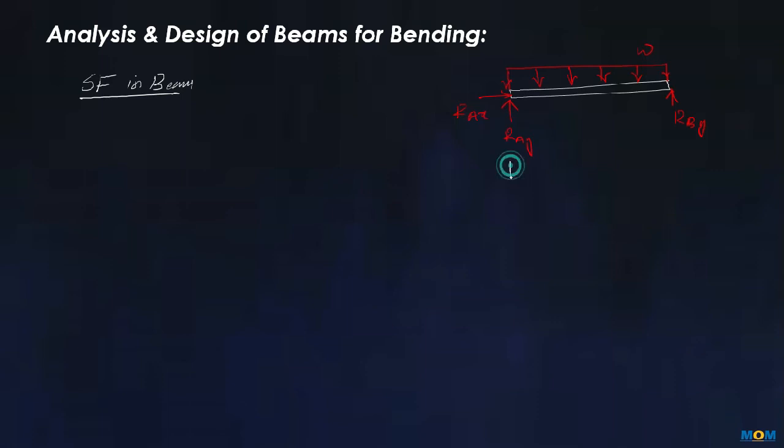The length of the beam, that is L. Let's say this is, if this is X, so here we have X as 0, and here we have the X value, that is L.